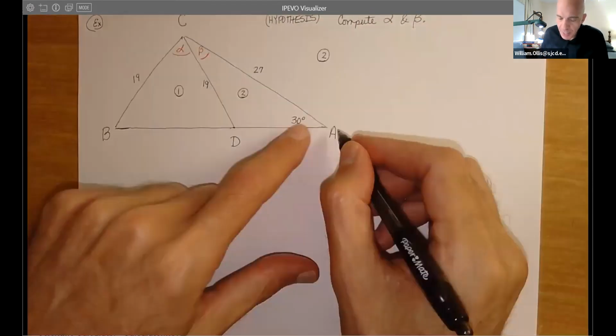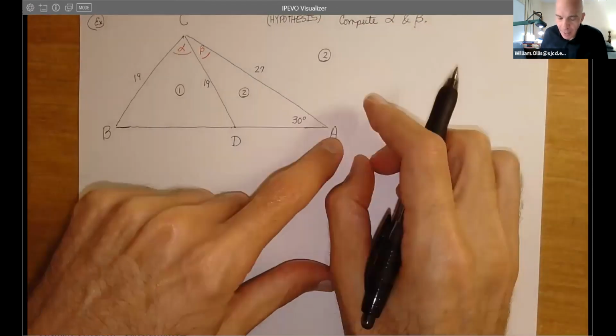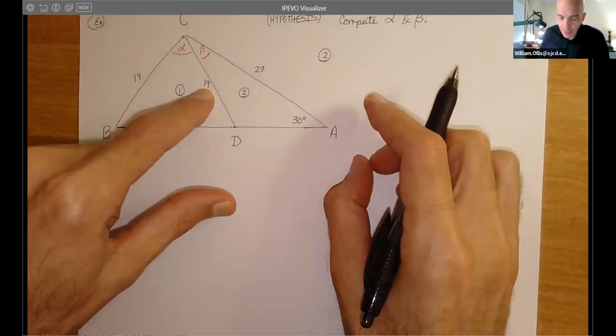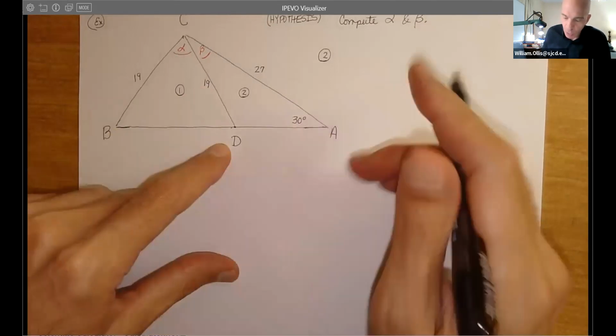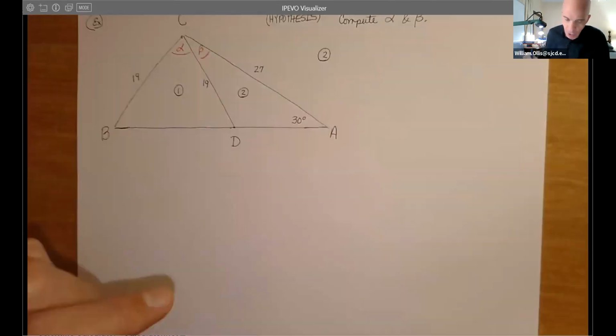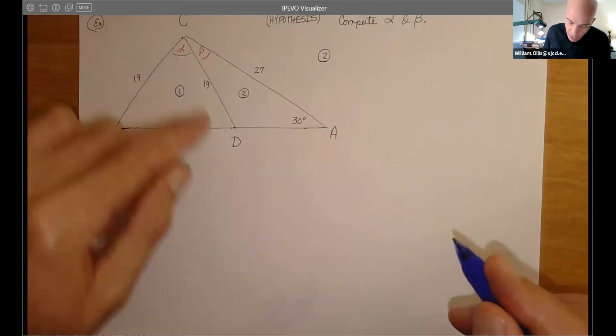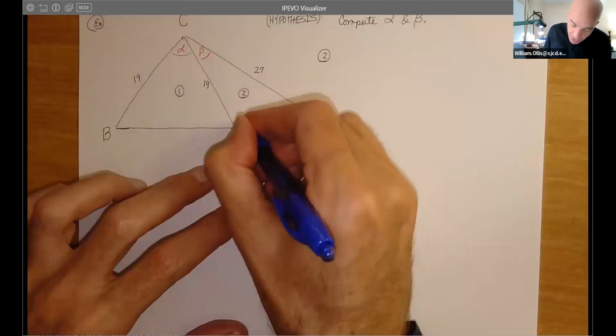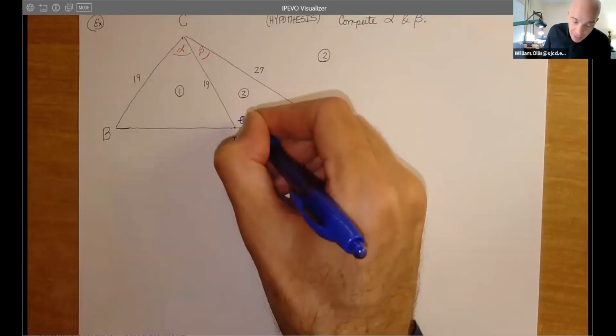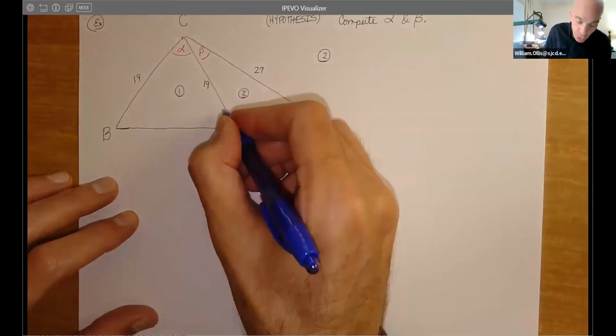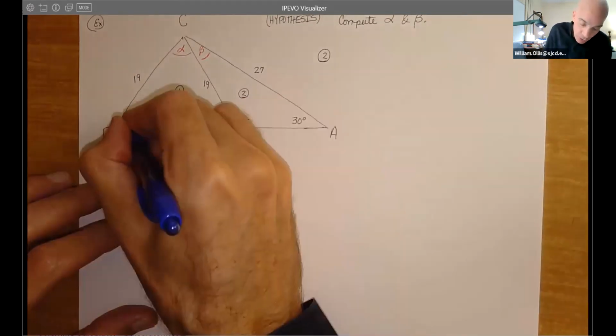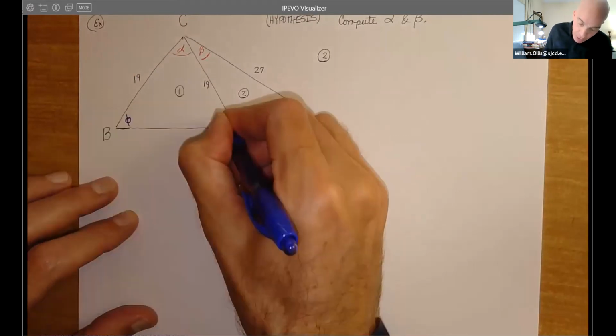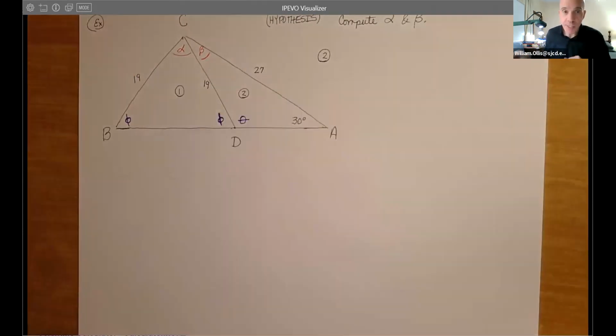Here we see that we have angle A and its opposite side. And this angle, because I'm going to be lazy, I'm not going to call it CDA, I'll label it theta. And this is an isosceles triangle, so these base angles are congruent. I'm going to call them phi.